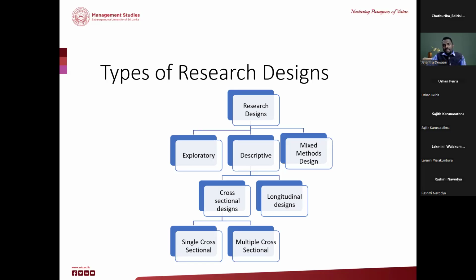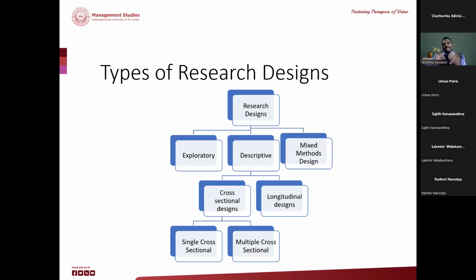For example, assume that you are conducting research investigating the service quality of the delivery of the lectures at the Faculty of Management Studies. If you are investigating it from the perspective of students, that is one sample. If you are investigating it from the perspective of academics, it is another sample.